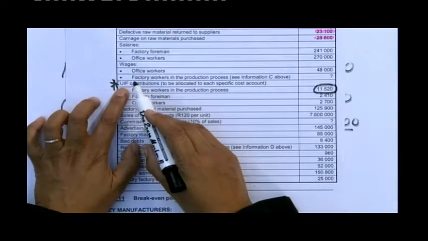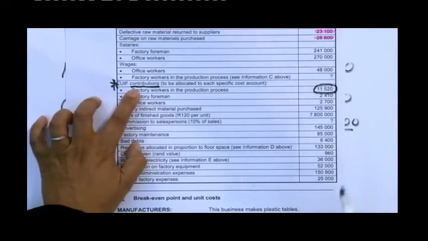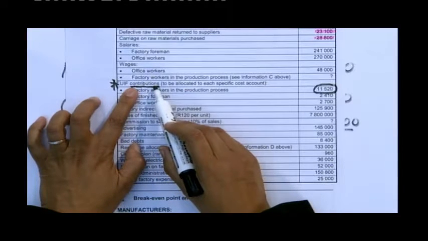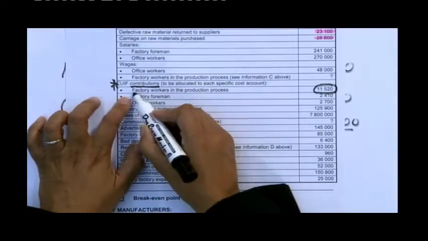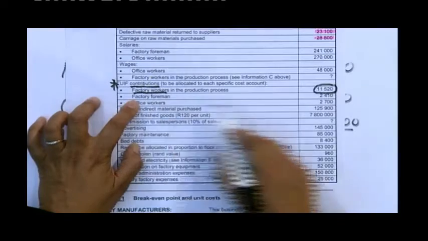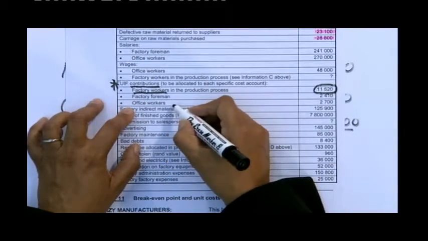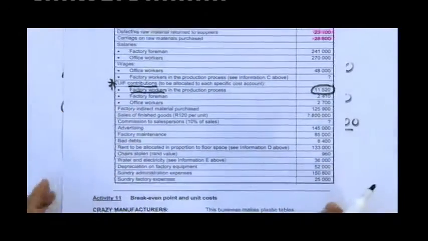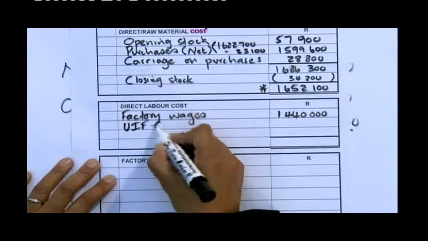Now, the contribution is the portion that the employer pays. So that is a factory expense, because they say factory workers. So that's a factory expense there in the production process. The factory foreman, there's also UIF, and we simply ignore office workers because we're only interested in what happens in the factory. So we're going to add that UIF contribution.